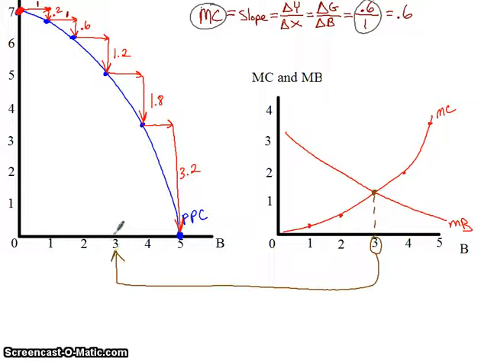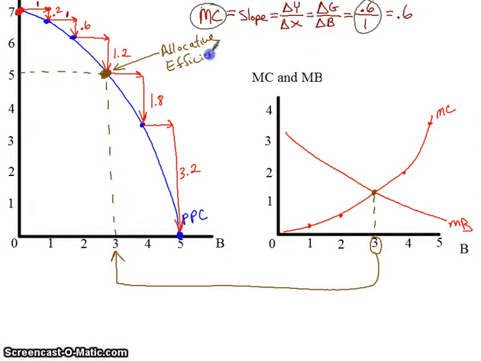And if he produces 3 butter, well, now we go up to the production possibilities curve. If he can produce 3 butter, then he can produce 5 guns. So this point right here, 3 butter and 5 guns, that's the point of utility maximization, or what in economics we're going to call the point of allocative efficiency.